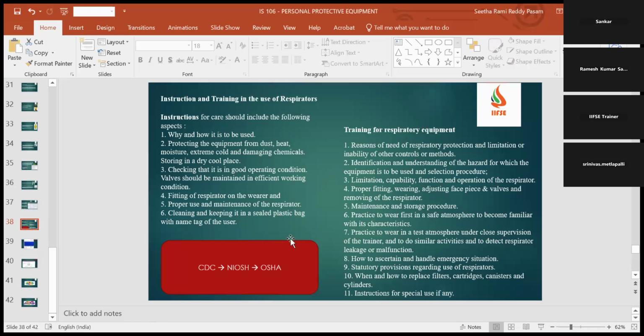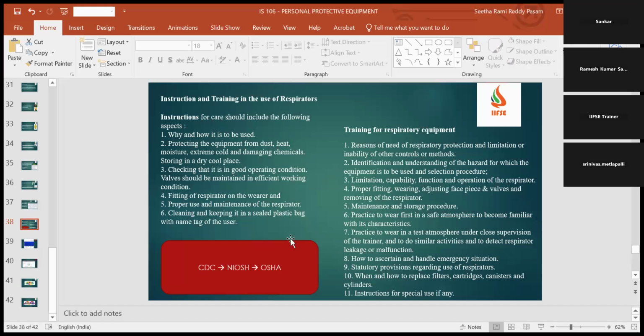Then identification and understanding of the hazard for which the equipment is to be used, and also selection of procedure. So this is what we discussed in the first class. If I use a fire resistant suit along with an air hood, how will it be useful? So we have to choose based on the hazard or the situation what type of PPE is supposed to be used.